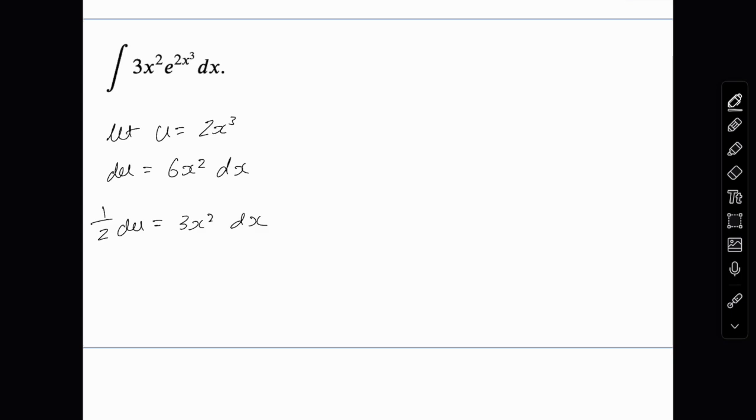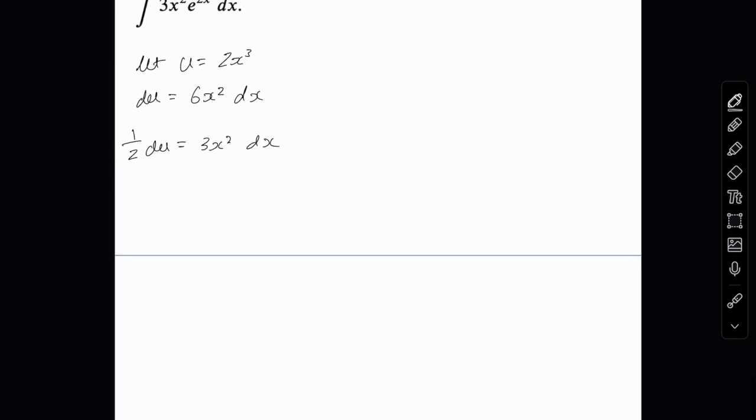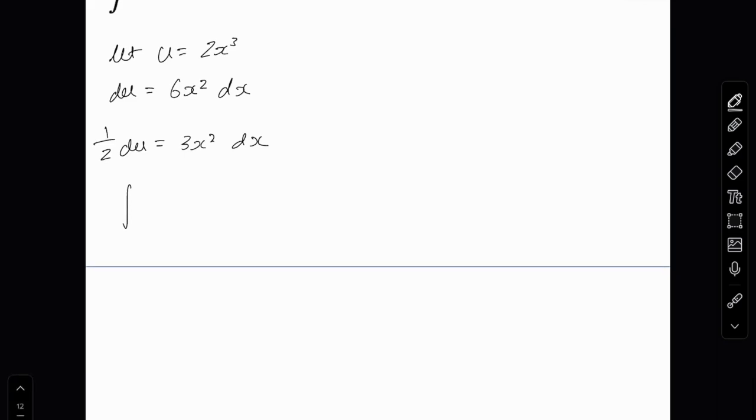Brilliant. Now if I do that, I can say that the integral of 3x squared e to the 2x to the 3 dx is going to give me a half of the integral of e to the u du.